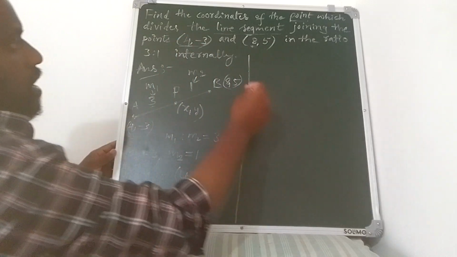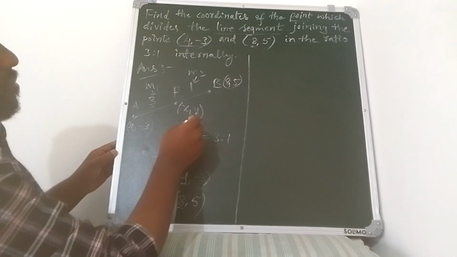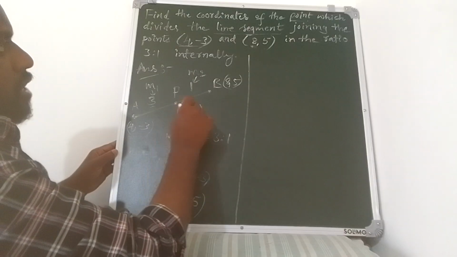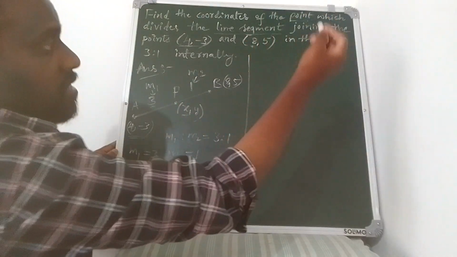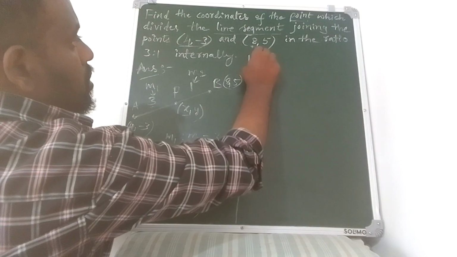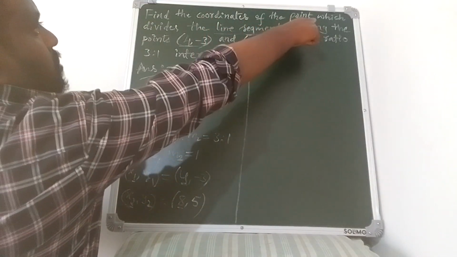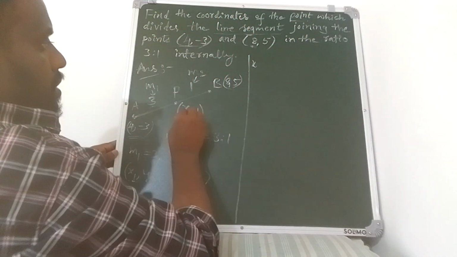So the section formula, first for x. We want this (x, y), that is the question: find the coordinates of the point which divides the line segment.